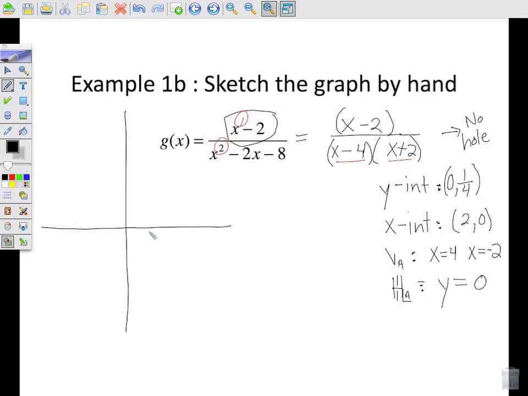All right, let's graph all the parts that I know. I've got a horizontal asymptote at 0. I've got a vertical asymptote at 4, and also one at -2.